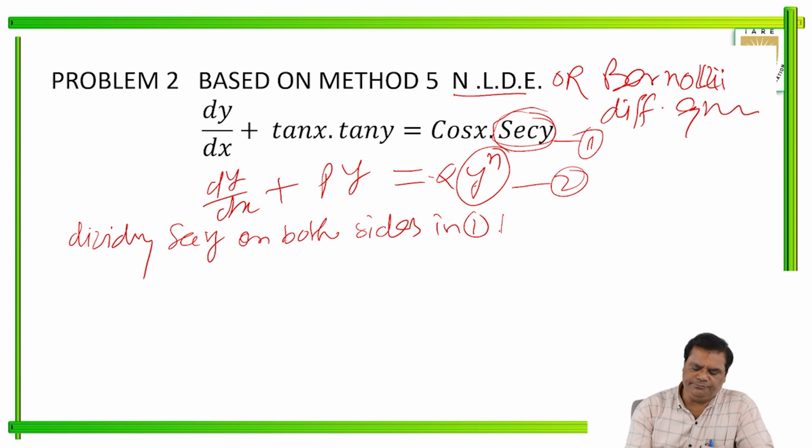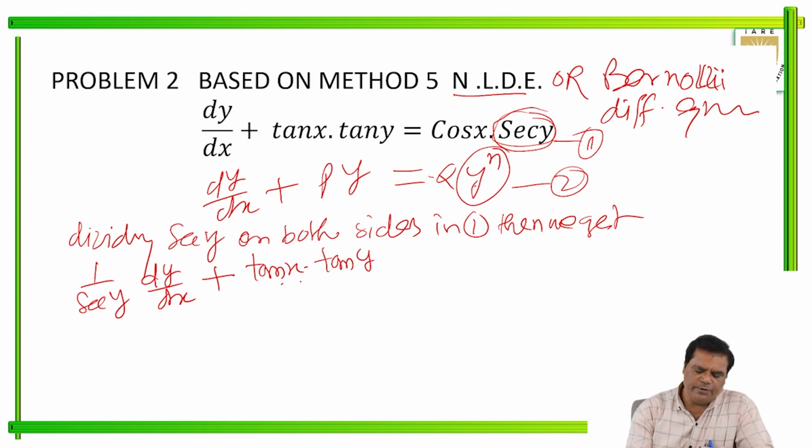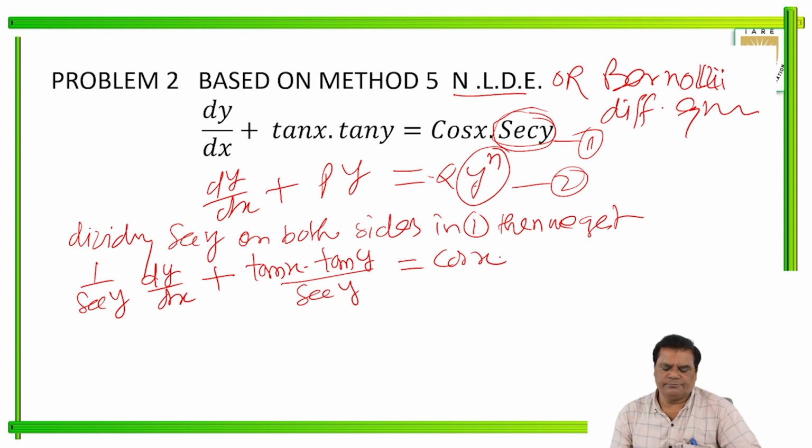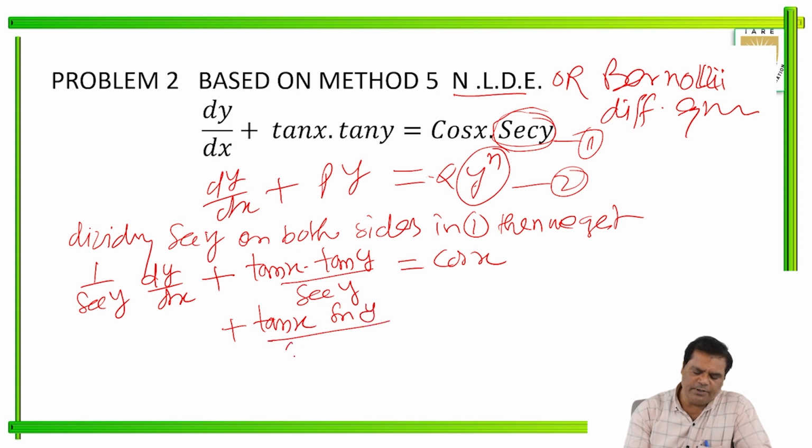Then we get 1 upon sec y dy dx plus tan x into tan y upon sec y equal to only cos x. So here plus tan x and sin y upon cos y into sec y equal to cos x.